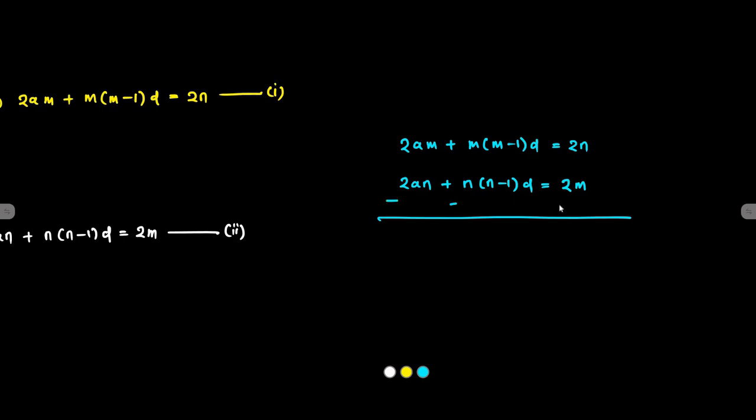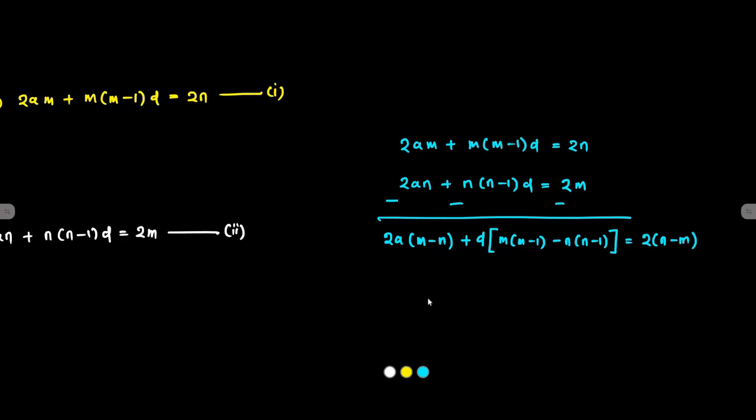So here we'll write it as 2a into m minus n, then plus, we'll take d common, and we'll write it as m into m minus 1 minus n into n minus 1, and here it is 2 into n minus m.